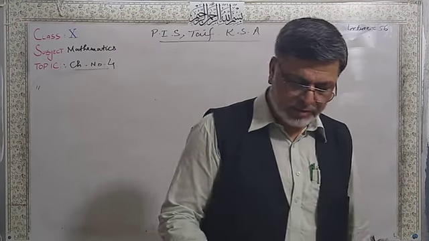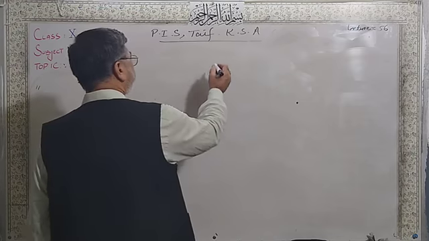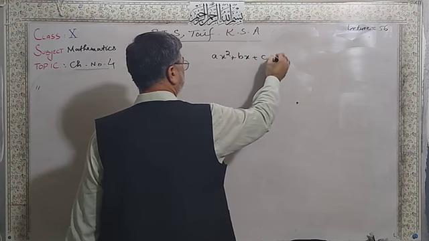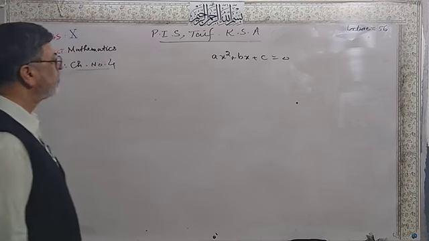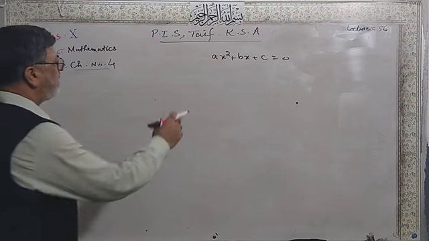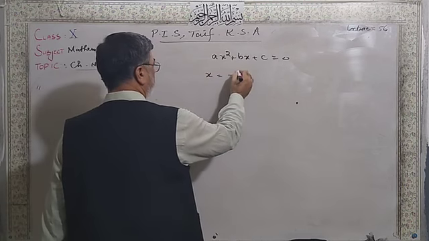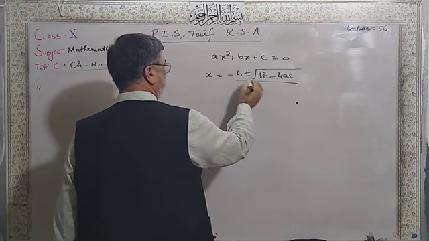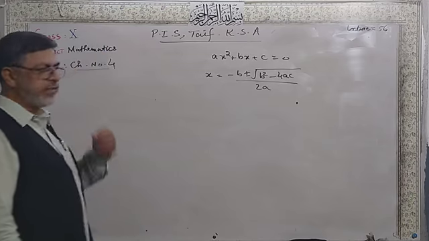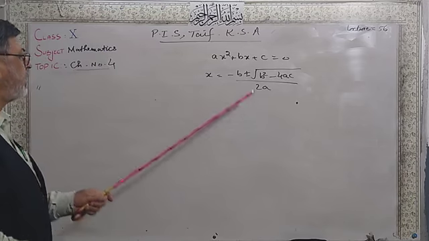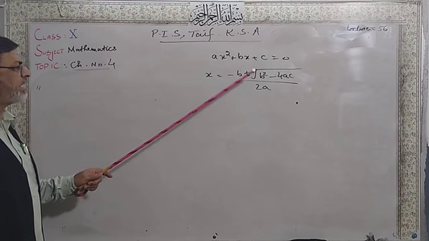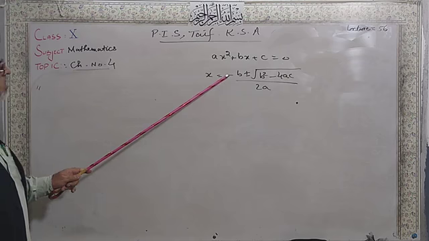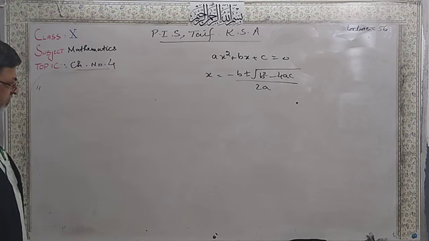You know that ax square plus bx plus c is equal to 0, and its answer is minus b plus minus square root of b square minus 4ac over 2a. This is the solution of your quadratic equation. This is the standard quadratic equation and this is the solution of the quadratic equation.